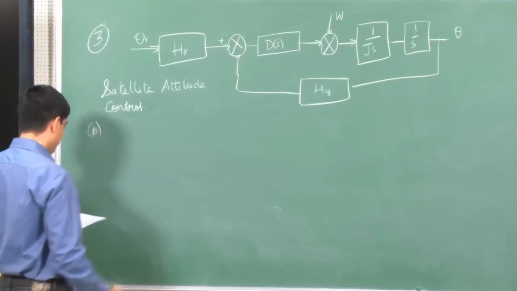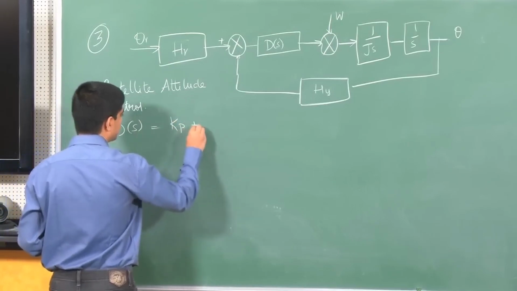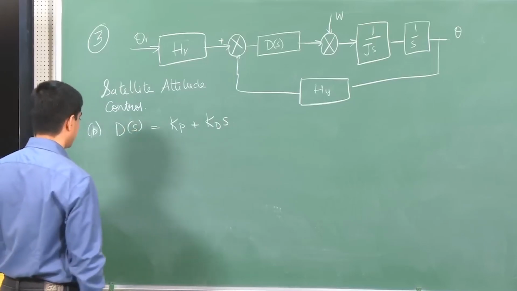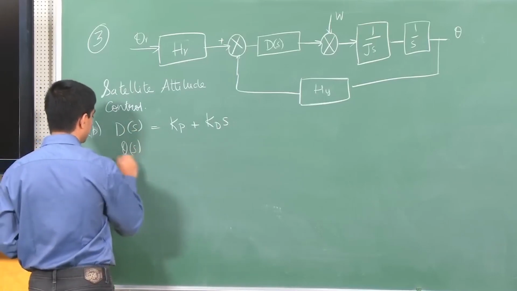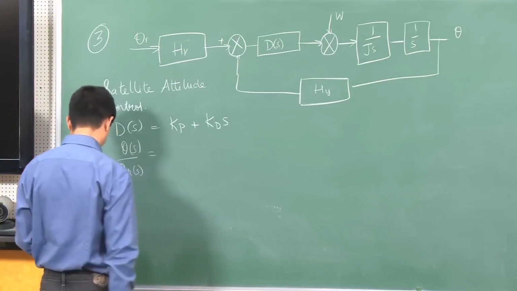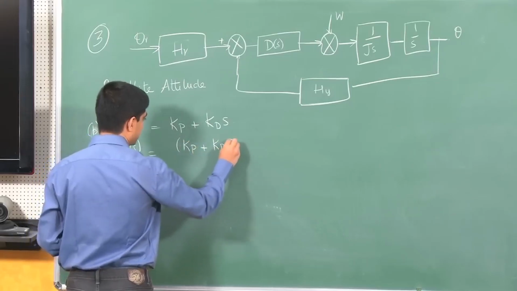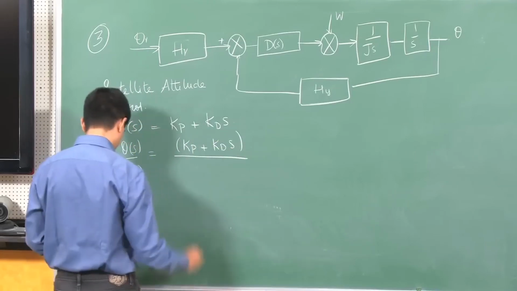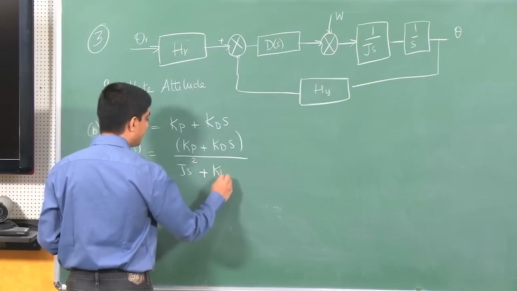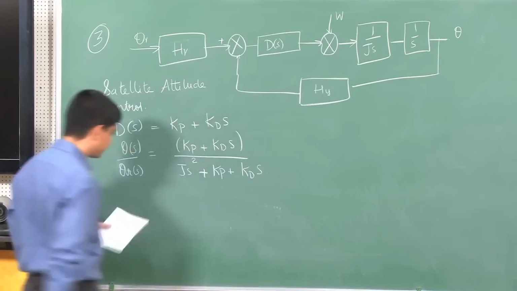Okay. What could I do now with a PD controller? In that case, the transfer function theta over theta r of s is Kp plus Kd s over Js square plus Kd s plus Kp.